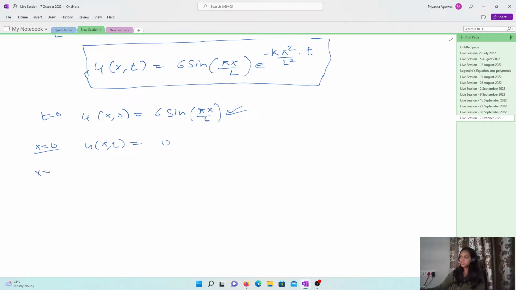Similarly, if you put x equal to L over here, then this becomes u of L comma t. So this is 6 sin pi into e to the power something. Sin pi is 0, so this also becomes 0. So this is the required solution.